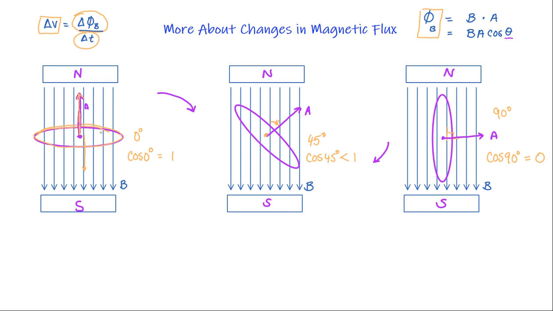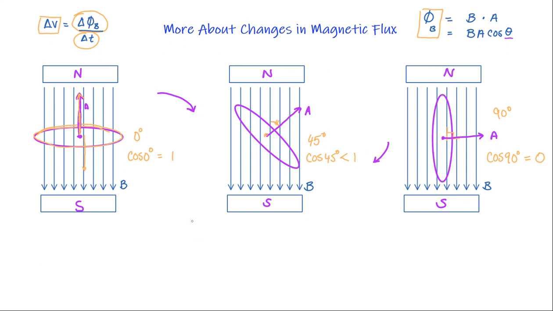Now, what we see happen here is that as it turns towards this position, the direction of the current in the loop is going to flip when it starts to go back up again into the other orientation.